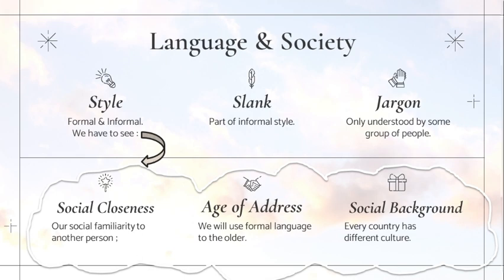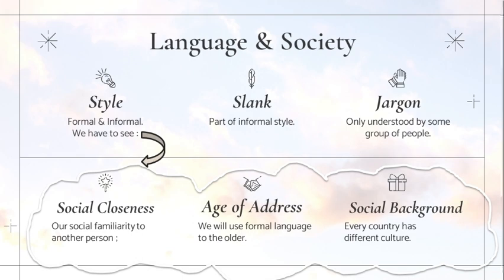Second, slang. And the last, jargon. For style, there are two kinds of style in daily conversation, formal and informal. When we use formal and informal, we have to see social closeness, age of address, and social background.